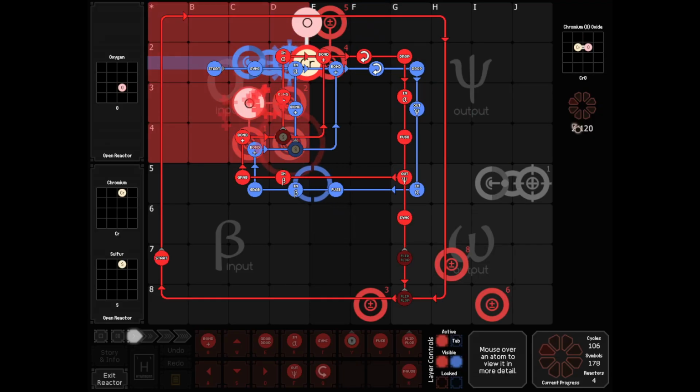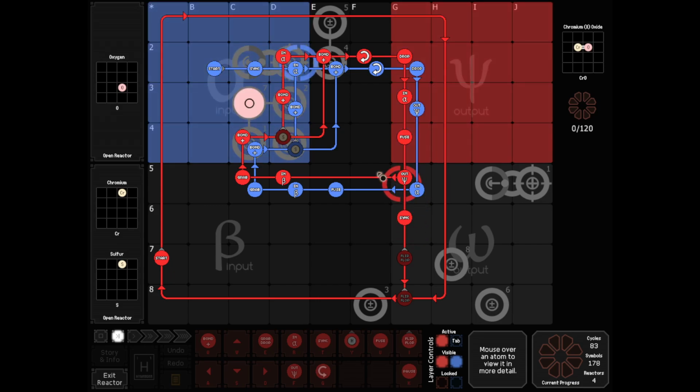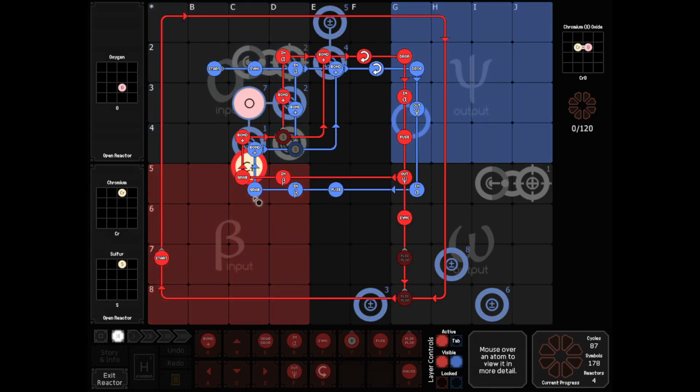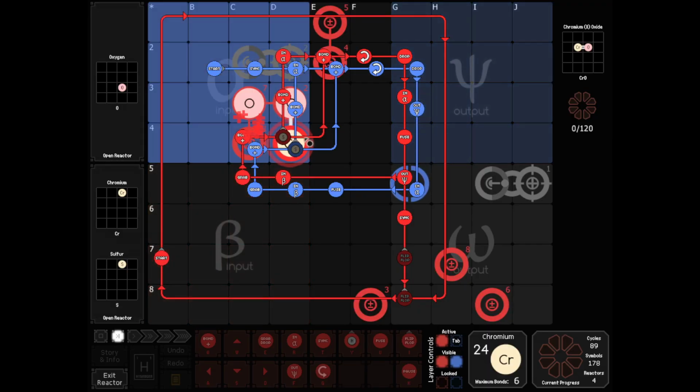Yeah, and then the final reactor, first of all, does some stalling on red here, wasting time. And then starts out into the loop where red grabs the chromium or sulfur. In this case, it's chromium, bonds it to oxygen from up there.